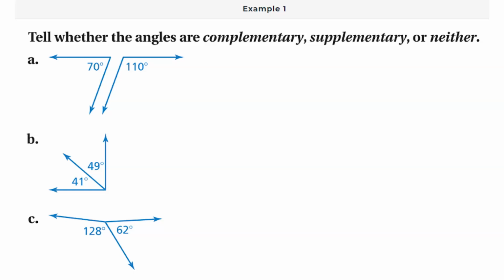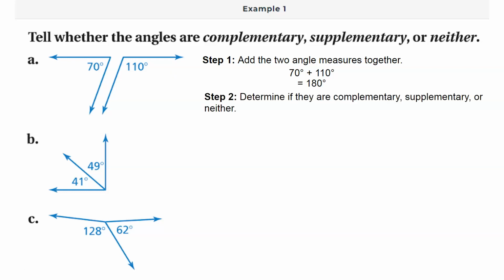So we will start. For part A, the first step is you add the two angle measures together. So in part A, we have a 70-degree angle and a 110-degree angle. When we add them together, it equals 180 degrees.